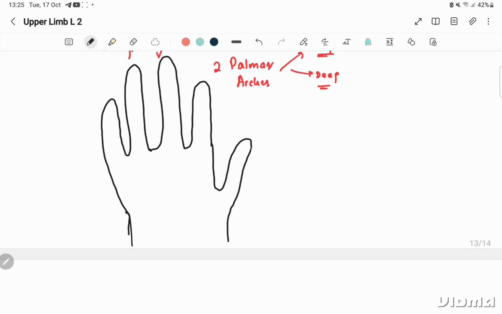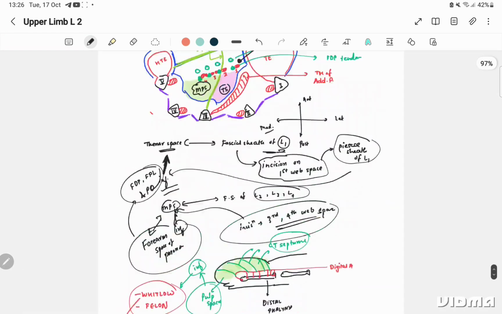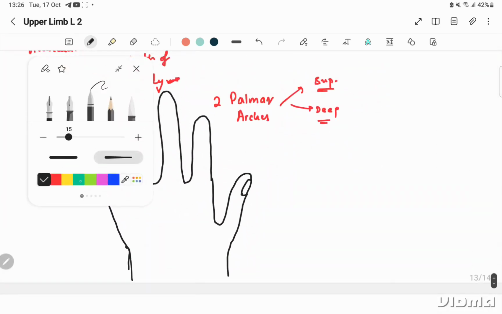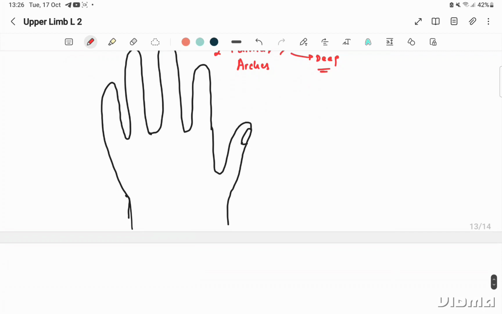Okay, let's say this is the hand. So we have to draw the two palmar arches here. I will use different colors, but know that these are arteries only. Just follow with me. It's a little bit tough, but you will understand.